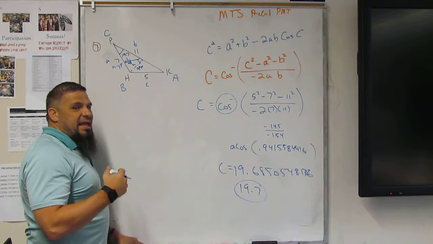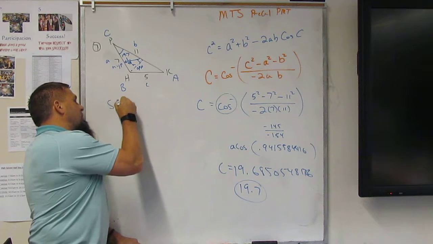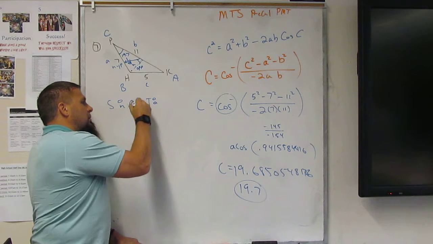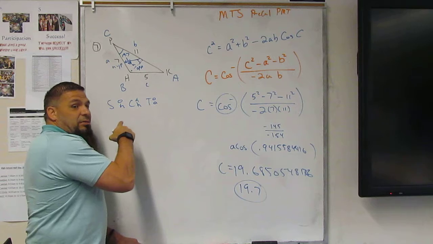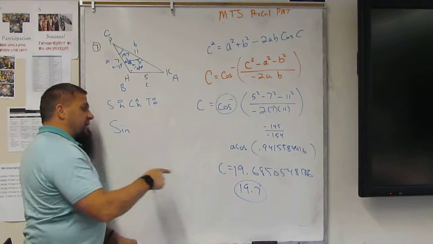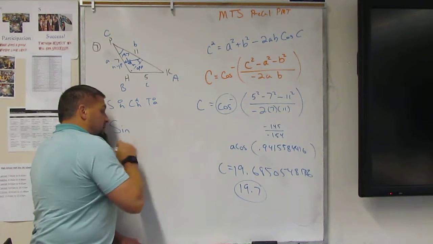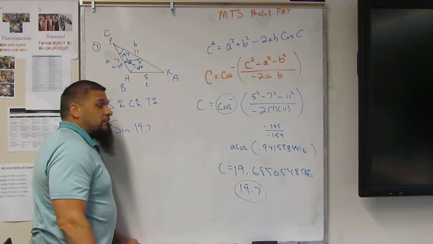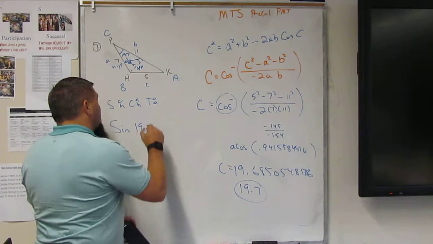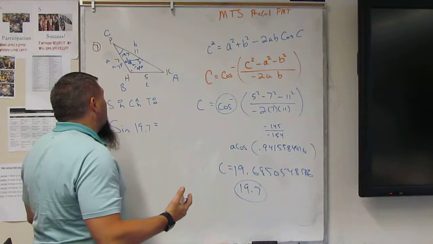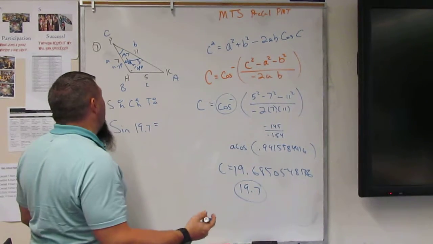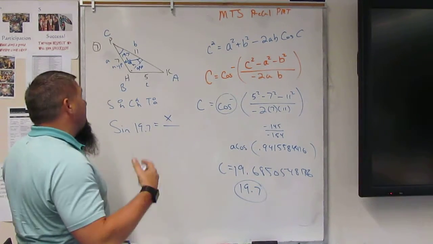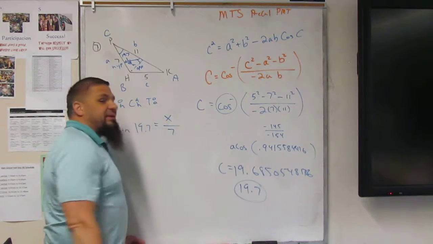Okay? So that means I'm dealing with the H and the O. So which one has H and O in it? So, ka, or toa. Right? So it's so, right? So the sine of this angle, 19.7, right, is equal to the opposite side, which we don't know, x, over the hypotenuse, which we know as 7.